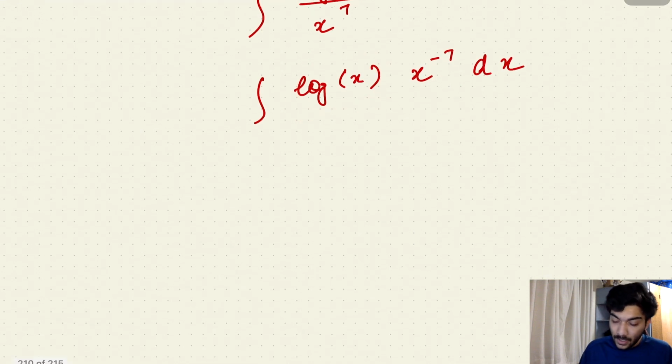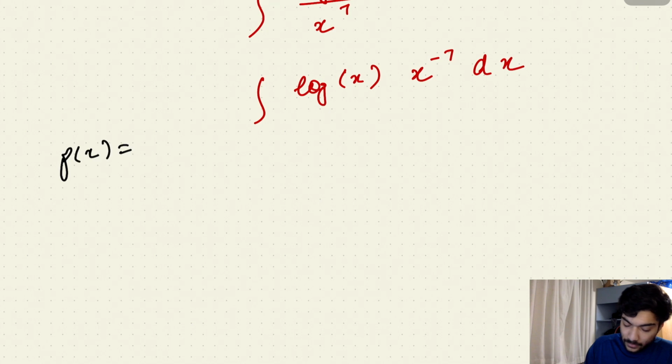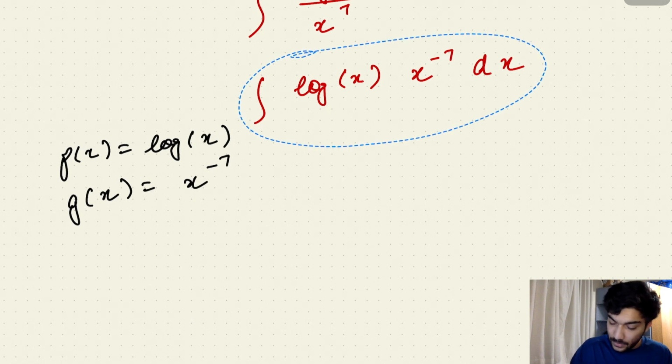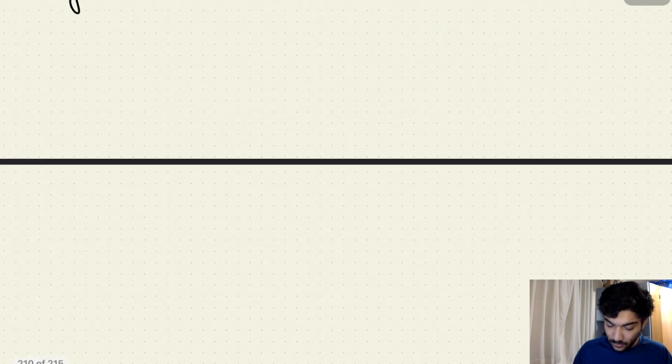So again, in this case, our f of x is log of x and our g of x is x to the power minus 7, right? And now in order to solve this integral, let's shift this integral over here.